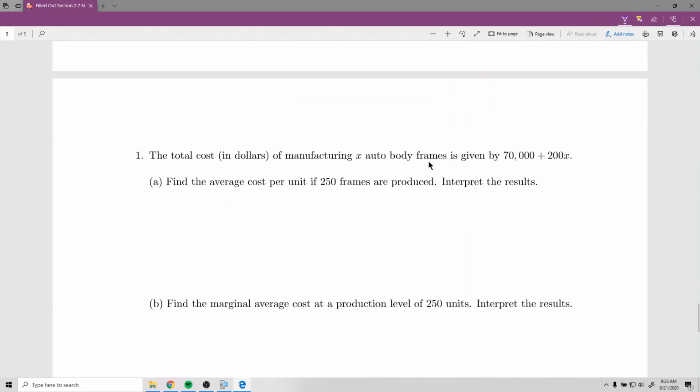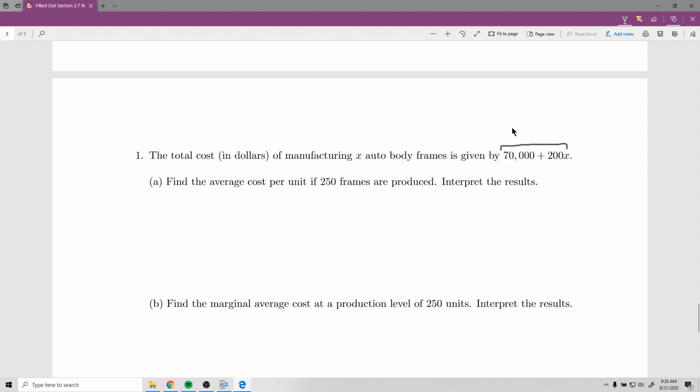All right, so I just have one word problem here. It doesn't matter if it's asking for cost, revenue, or profit. You would do them the same way because you have to be given the functions. This says the total cost in dollars of manufacturing x auto body frames is given by 70,000 plus 200x.